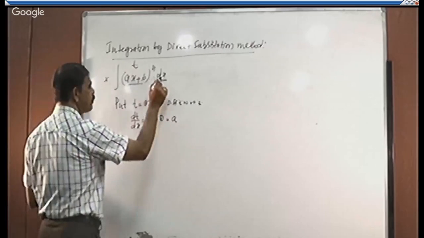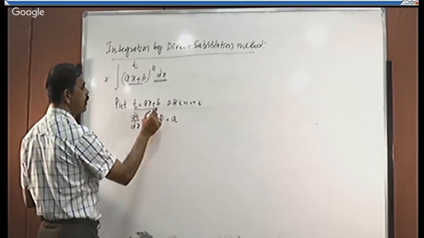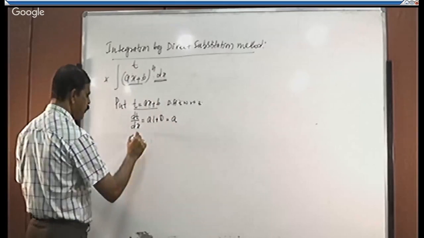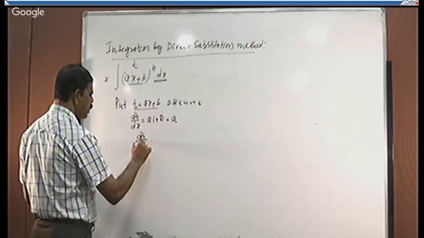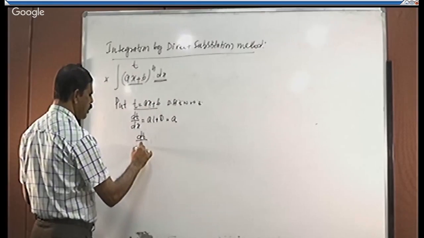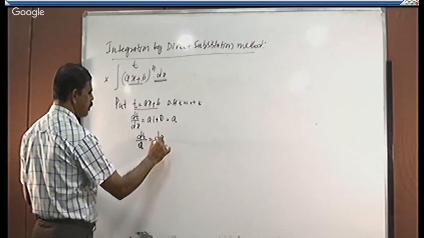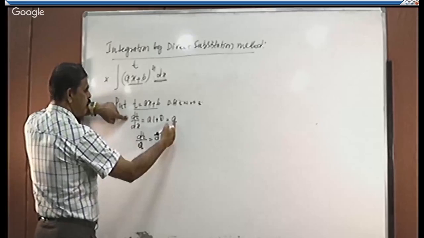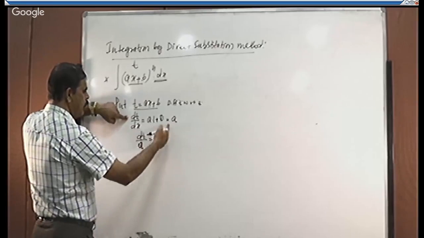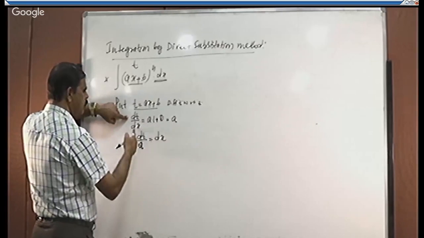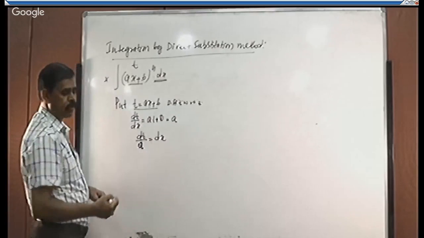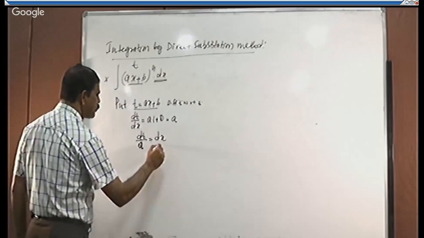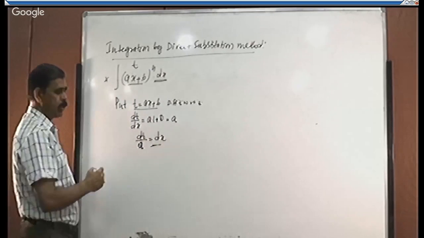To change this, I need to differentiate this. Got it? Therefore, dt by a is equal to dx. Correct? dt by dx is equal to a. Therefore, take a to the denominator. dt by a, which is equal to what? dx. Substitute this in the given problem.